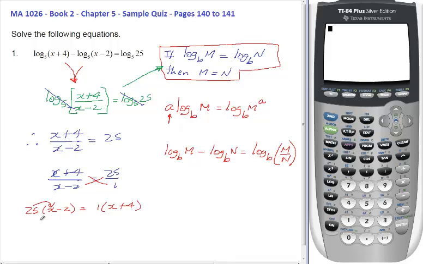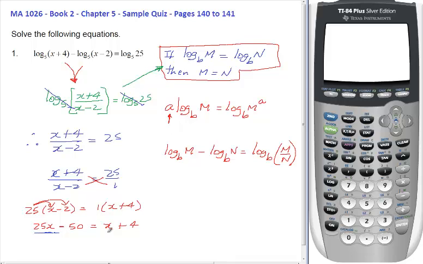So that gives us 25x subtract 50, and 1 times x plus 4 doesn't change the equation. Now I need to gather my x terms together.